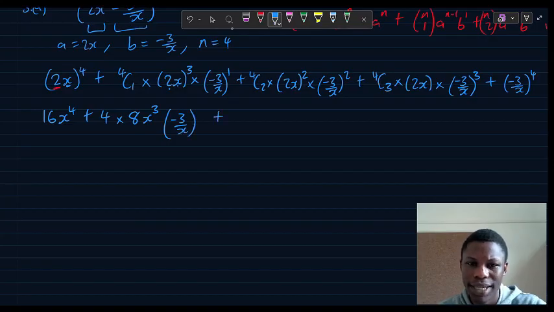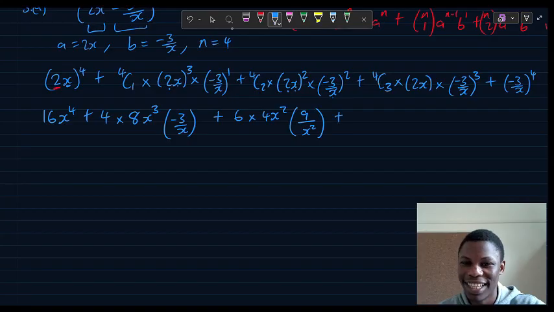4 choose 2, that's 6, multiplied by 2 squared, that's 4x squared, multiplied by negative 3 squared, that's 9 over x squared. Plus 4 choose 3 should be 4, right? Yeah. 4 choose 3 is 4 times 2x.